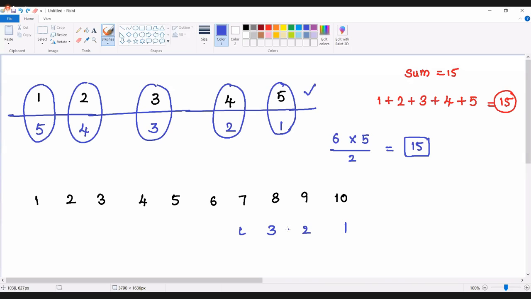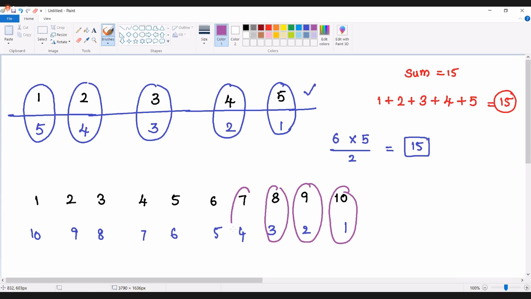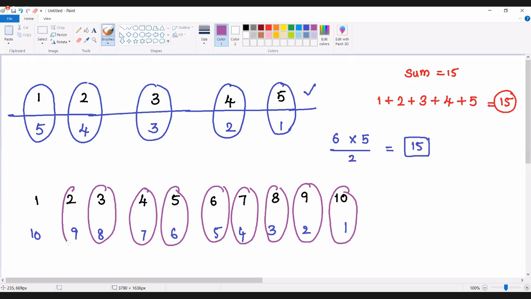After writing them in order, check the sum of each pair. 10 plus 1 is 11, 9 plus 2 is 11, 8 plus 3 is 11, 7 plus 4 is 11, 6 plus 5 is 11, and so on, everything is 11. How many times is 11 coming? 11 is coming 10 times. 11 times 10 divided by 2 gives a result equal to 55.